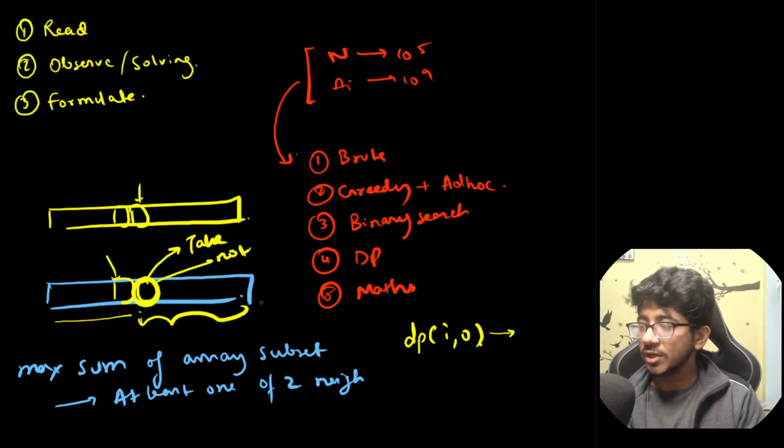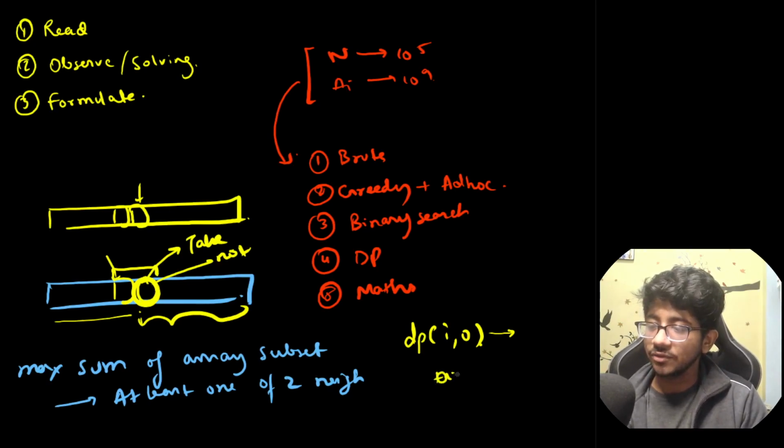If you have not taken the last element, then you will have to take this. If you don't take it, then two neighboring elements were not taken, right? That contradicts. So in this case, we will have to take a of i, which gets added, plus now the last element is taken going forward. So we can call dp of i plus 1 comma 1, right?